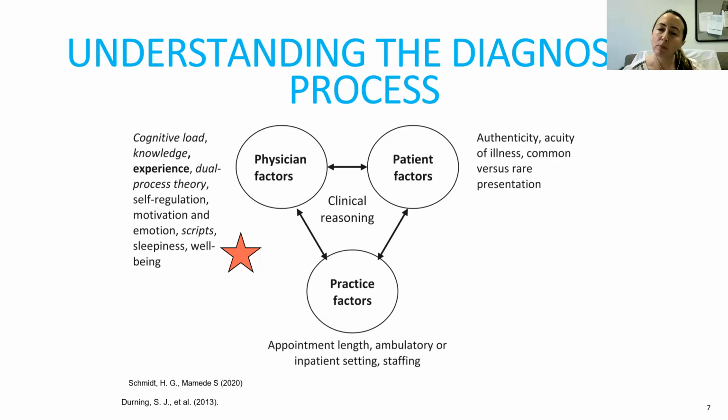But I like how it brings clinical reasoning and the diagnostic process out of this black box, which is this solitary, individualistic process, and focuses on how interrelational those two-headed arrows are, so important to notice. It's a give and a take, and a lot of things have to go right for us to be successful at this. And I would say a lot of things have to be made apparent for us to know how to fix it if it doesn't go well.